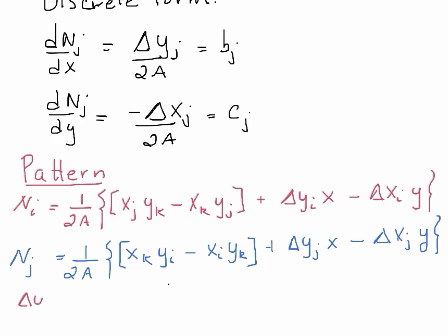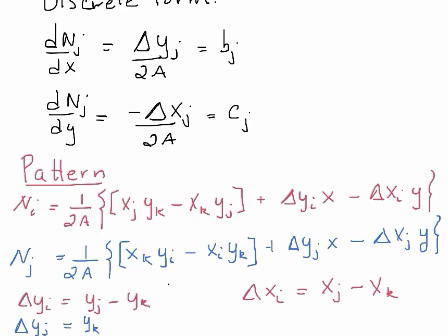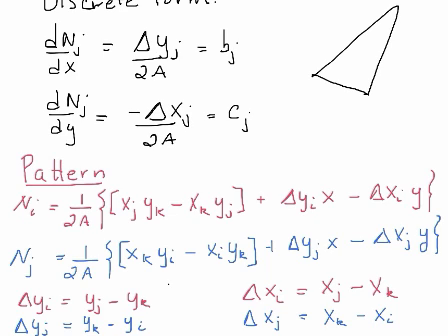So our delta y sub i is equal to y sub j minus y sub k. Our delta x sub i is equal to xj minus xk. Our delta yj is equal to yk minus yi, and our delta xj is equal to xk minus xi.